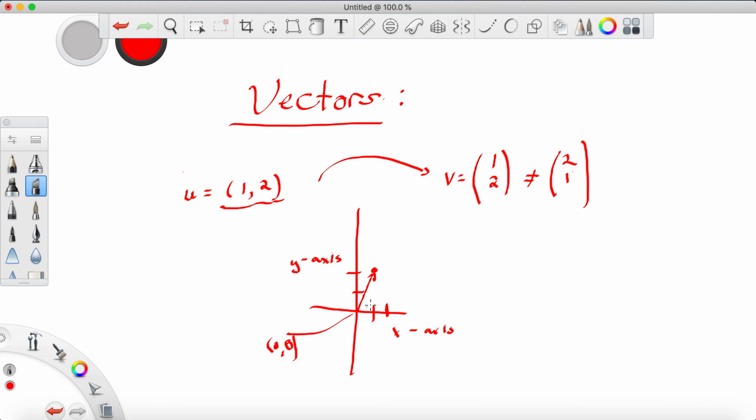Well, it would correspond to the vector that looks like that, right? So geometrically it's different, and algebraically it's also different. The length of the vectors is the same. So this would be like saying two cars are going the same speed, but in different directions.